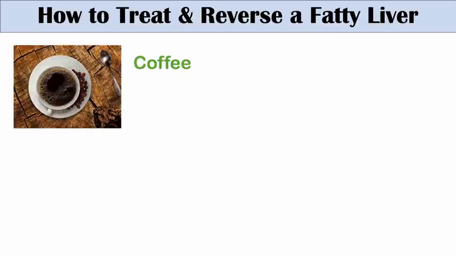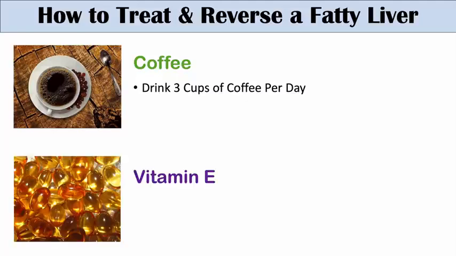Now, some interesting evidence has been shown to suggest that coffee consumption can actually treat, reverse, and even prevent non-alcoholic fatty liver disease. And we see here that the best seems to be drinking 3 cups of coffee per day. And something else that has been shown to help with non-alcoholic fatty liver disease and liver inflammation more specifically here is vitamin E supplementation.